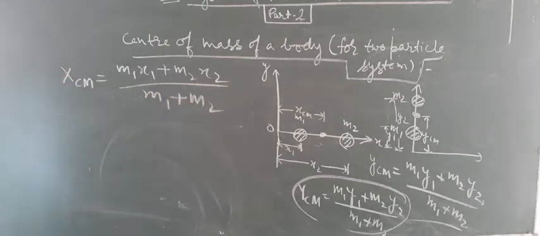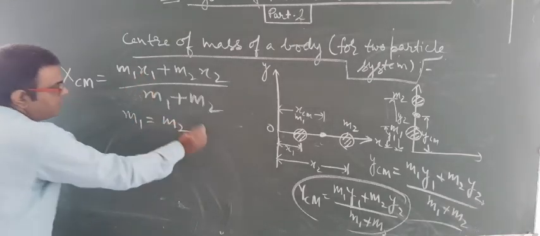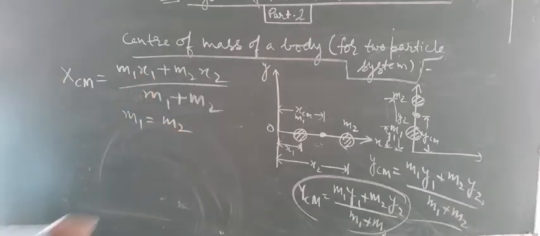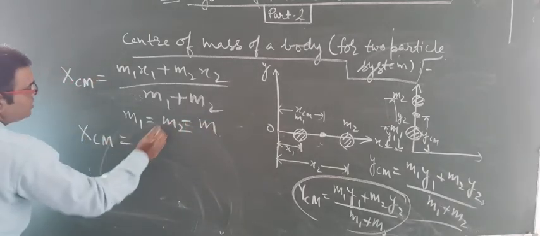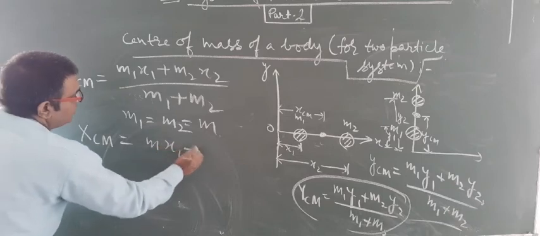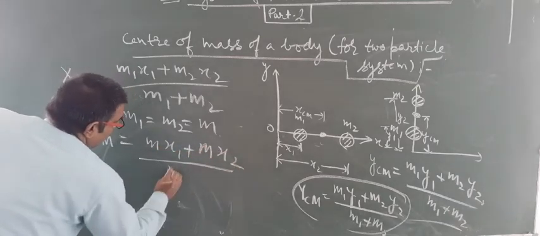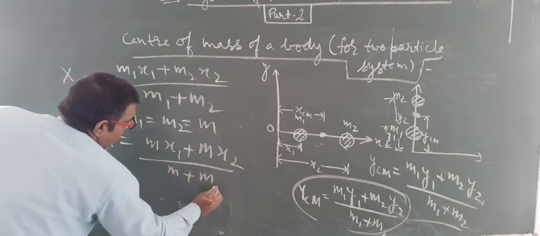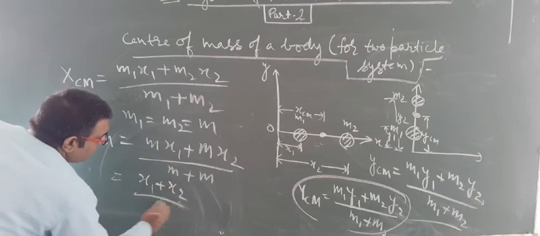If m1 is equal to m2 is equal to m, then xcm is equal to m x1 plus m x2 upon m plus m, and it can be given as x1 plus x2 divided by 2.